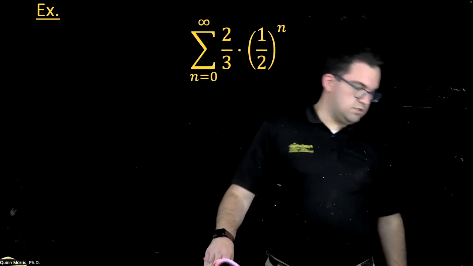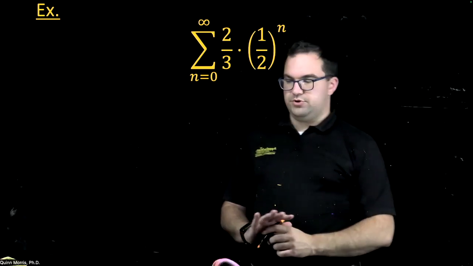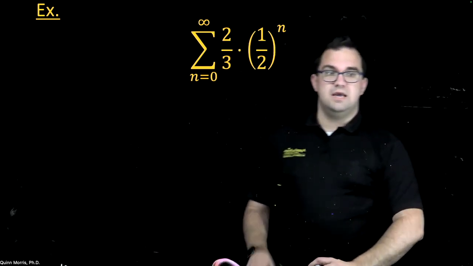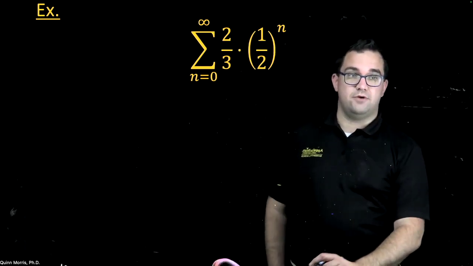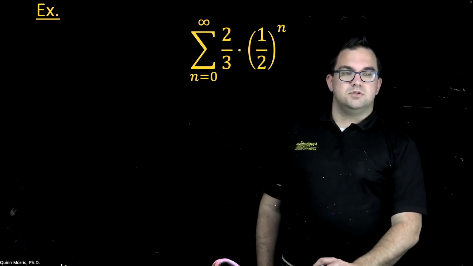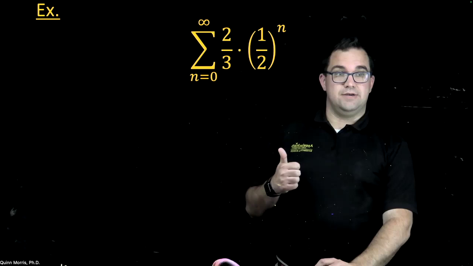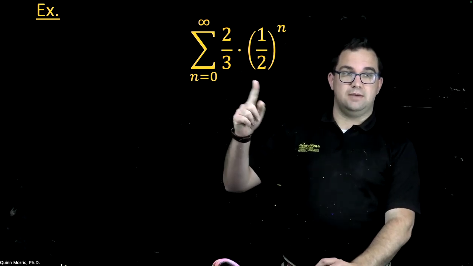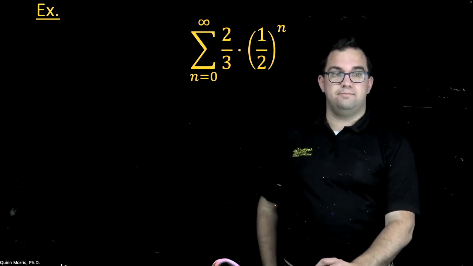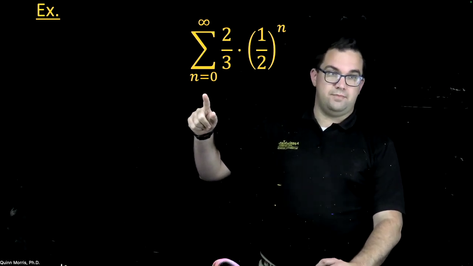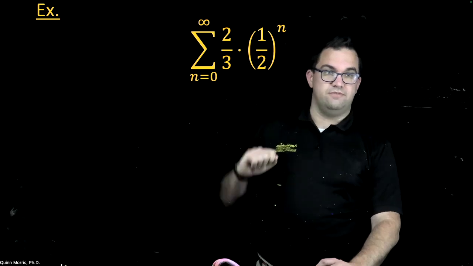Let's say you're given this series and you want to determine, first of all, whether it converges or diverges. And if it does converge, you might like to know what value it converges to. The first thing to do is to recognize that this is in fact a geometric series. I have some constant times another constant to the nth power, and its limits are the limits that I am used to, going from 0 to infinity.